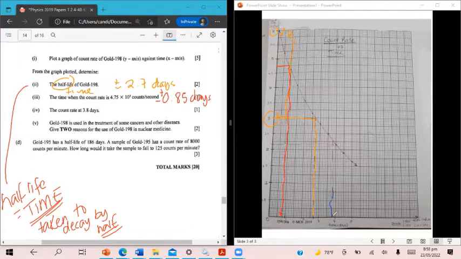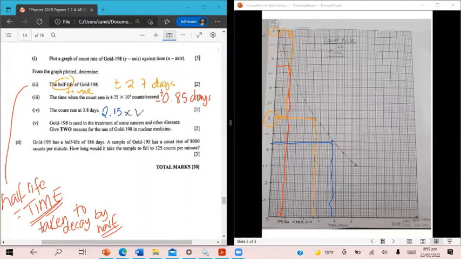I'm going to go up, touch the graph, and go over. It's a little wobbly, but you should get 2.15.